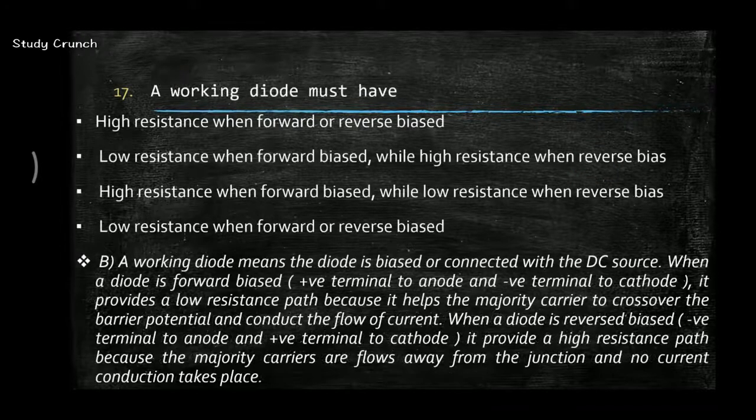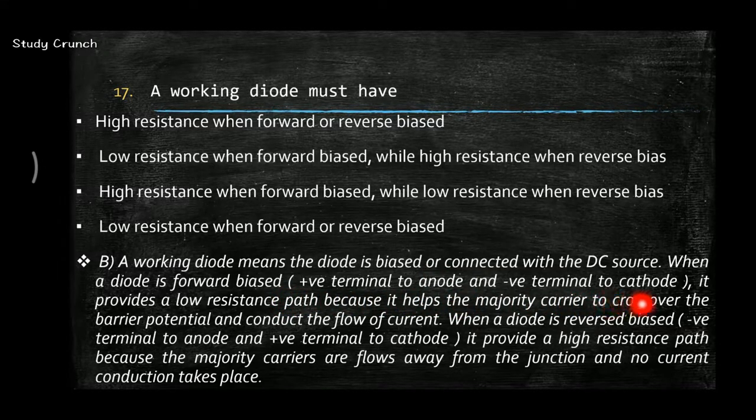Next, a working diode must have low resistance when forward biased while high resistance when reverse biased. So working diode means that the diode is biased or connected with a DC source. When a diode is forward biased, that is positive terminal is to anode and negative to cathode, it provides a low resistance path because it helps the majority carrier to cross over the barrier potential and conduct the flow of current.